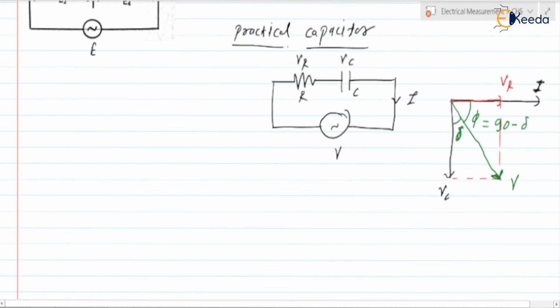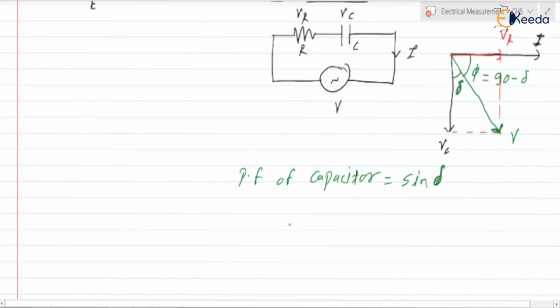So in this type of capacitor, generally the power factor of the capacitor is given by the expression sine delta. Next, tan delta is nothing but the D factor, or dissipation factor.